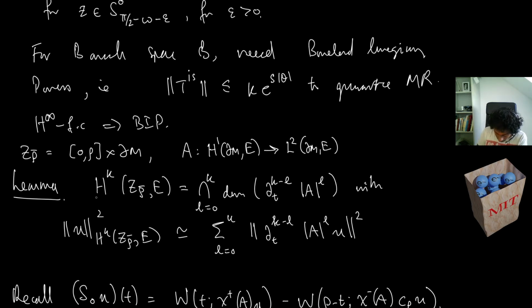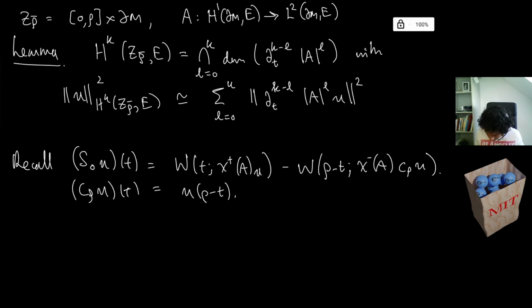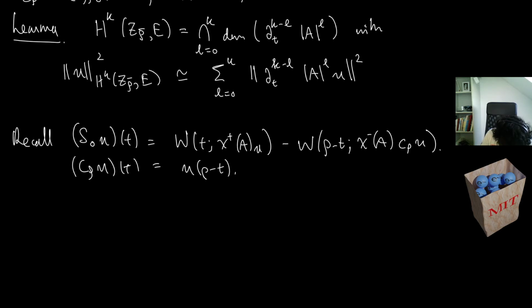Now when I'm looking at H^k of this space, I'm really looking over this cylinder. So sections here in H^k are going to be of the form u of t, and for each u of t, I'm landing in the bundle E, or E restricted to partial M.